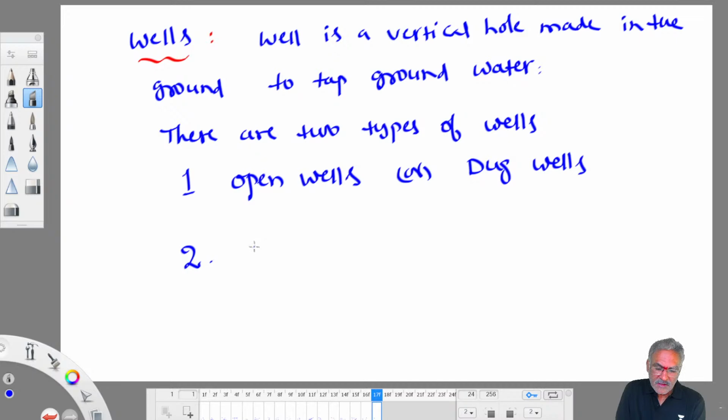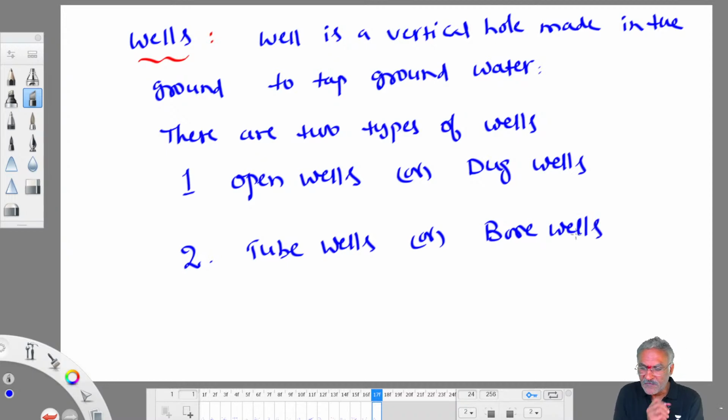Second one is tube wells or bore wells. So these are different. Infiltration wells are different. Infiltration wells you can have only at the bed of a river, bank of a river. But these wells you can have anywhere. Okay? Wherever ground is there, there you can try for groundwater.